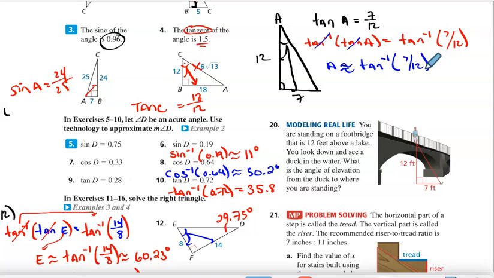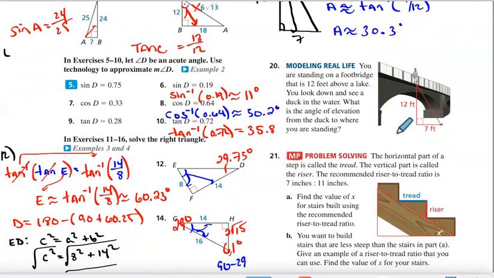So inverse tan of 7/12, and you're approximately looking at an angle of 30.3 degrees. It goes on, but I'm going to round to the tenths here. So about 30.3 degrees is the angle he's looking at.